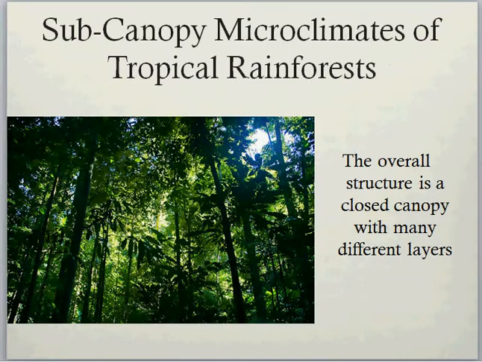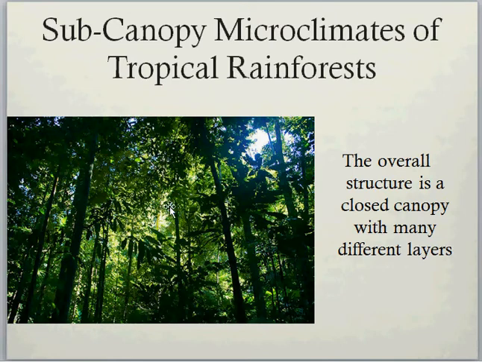Now as you all saw in previous lectures, the sub-canopy microclimates of tropical rainforests are very different. And the main reason for that is the overall structure of the tropical rainforest is a closed canopy with many different layers, and I think this picture really sums it up. You've got lots of trees all growing very close together, and in the sub-canopy and all the way up to the canopy, all the different branches and leaves and so on are overlapping.